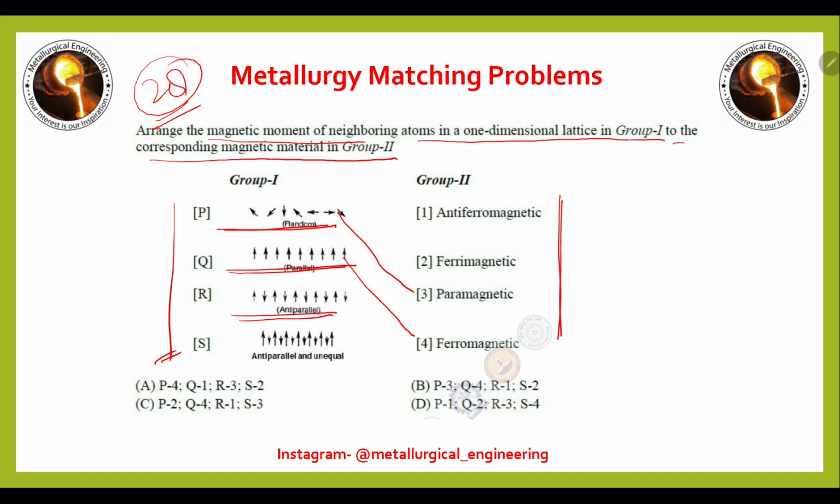Anti-parallel matches with the anti-ferromagnetic material, and anti-parallel and unequal with the alternating sequence matches with the ferrimagnetic material. So the right answer is B part, P3 Q4 R1 S2.